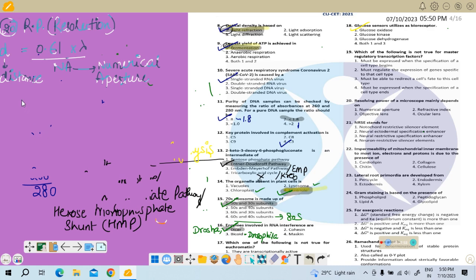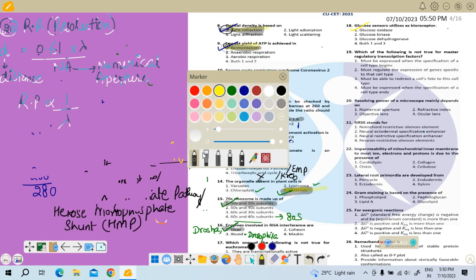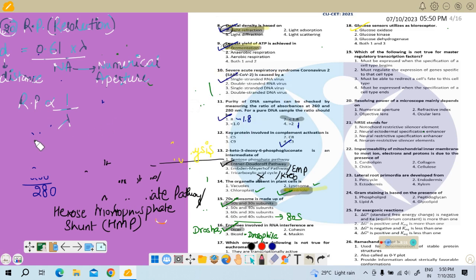Now resolution power is inversely proportional to lambda, and directly proportional to small n.